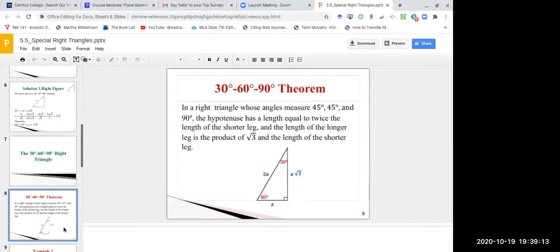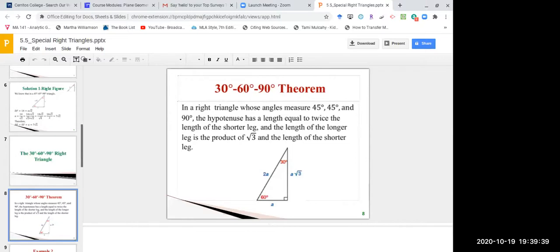Refresh your memory there. So again, the side opposite the 30-degree angle is the shortest. The side that is the hypotenuse will be twice as long as the side opposite the 30-degree angle. And the side opposite the 60-degree angle is the length of the shortest leg times the square root of 3.